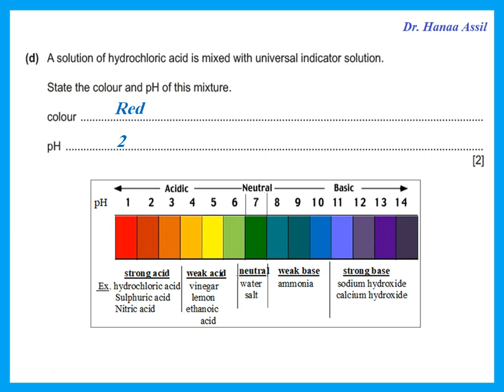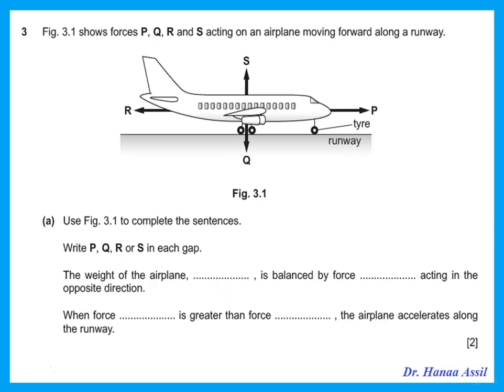Now, after that, base is usually blue. A weak base, like ammonia, has pH 8, 9, or 10. A strong base, which is something oxide or something hydroxide, would have pH 11, 12, 13, 14. Please know these numbers and these colors.